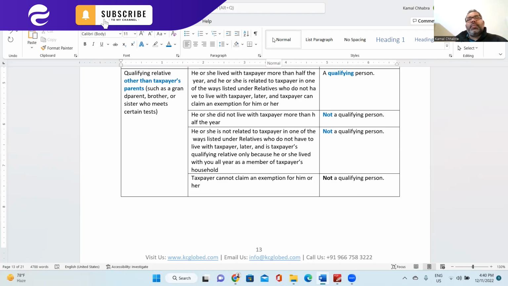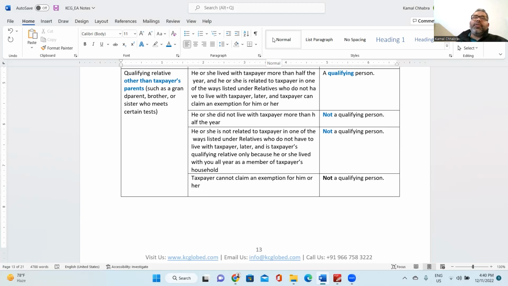So first of all, the person should meet the definition of a relative, right? Second, the person should be dependent on you, and you are paying more than 50% of the household expenditure, and he or she is living with you for more than half of the year. Then only that person would be considered a qualifying person to help you claim head of household status.